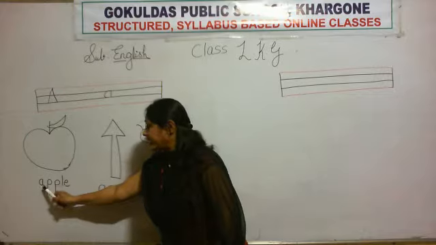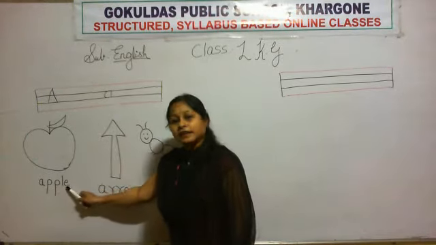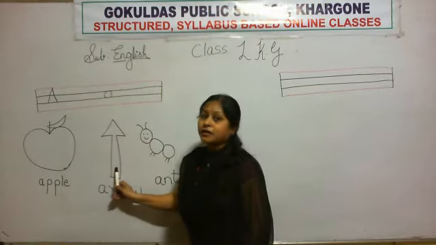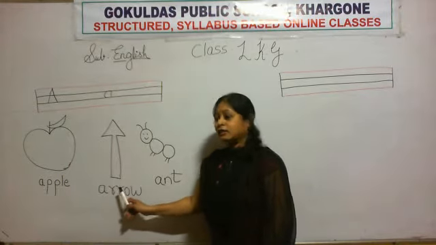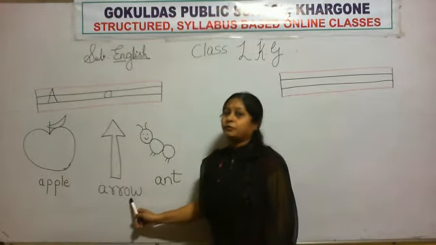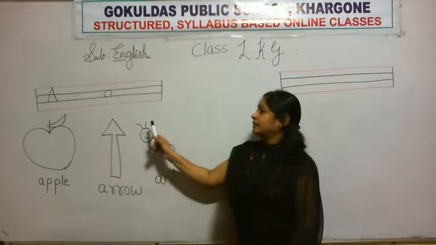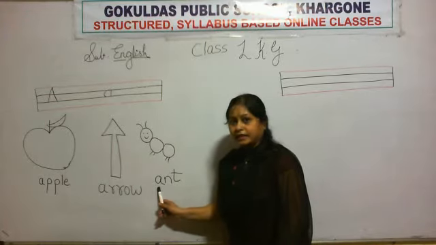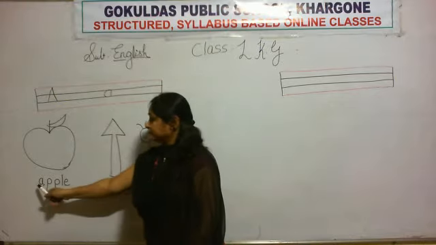Apple. A P P L E. Apple. Arrow. A R R O W. Arrow. Ant. A N T. Okay, again we will repeat.